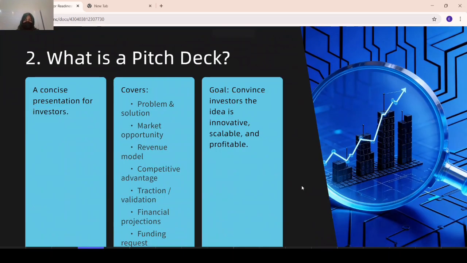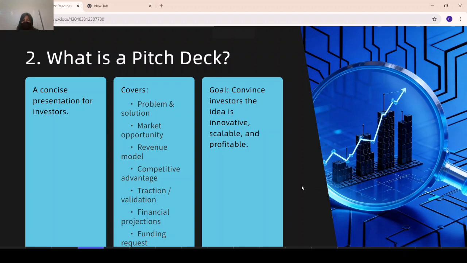Now we will see the definition. Before that, let's see why we need the pitch deck and what its main purpose is. So what is a pitch deck? It is a concise presentation for investors. It covers problems and solutions, market opportunity, revenue model, competitive advantage, traction validation, financial projections, and funding request.